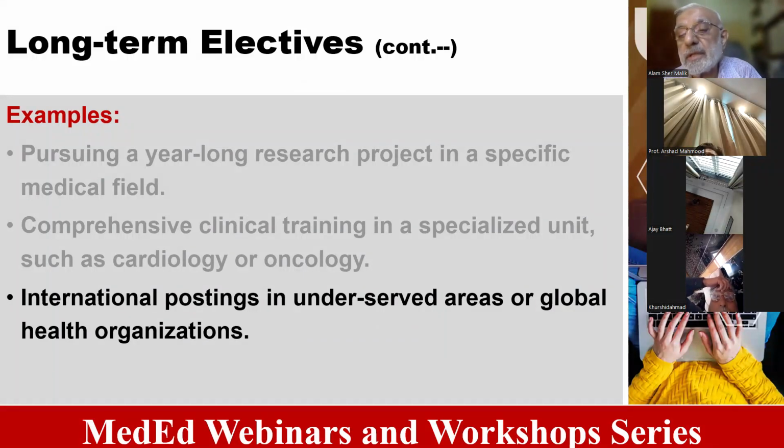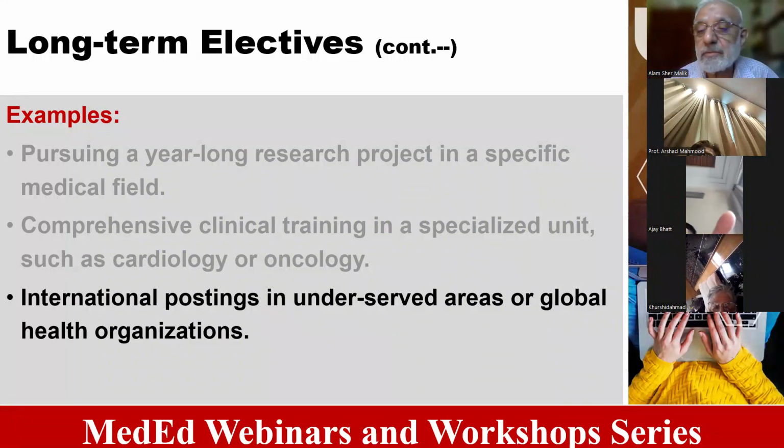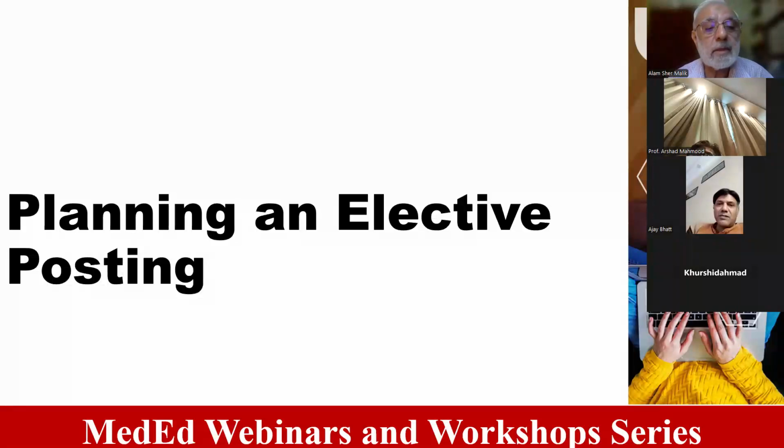So usually the undergraduate course is a 6-year course for these students, because they take 1 year off for these long-term electives. But the advantage is, as I mentioned earlier, that they graduate with 2 degrees within a period of 6 years.